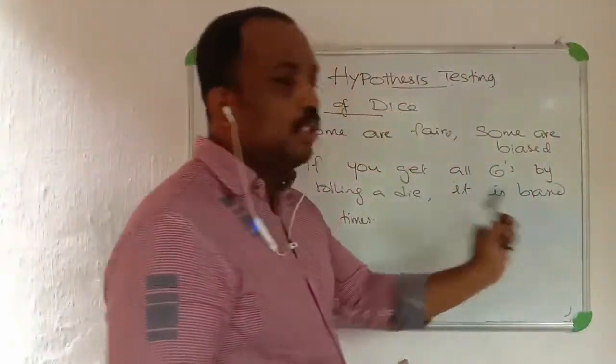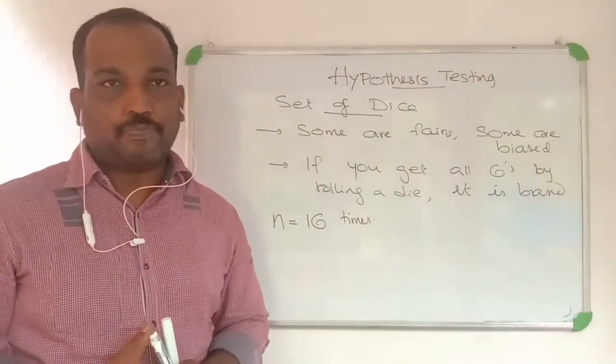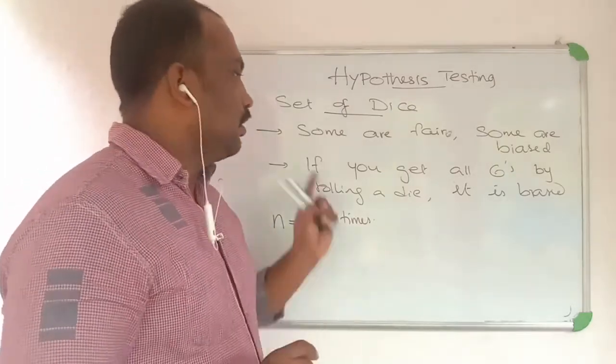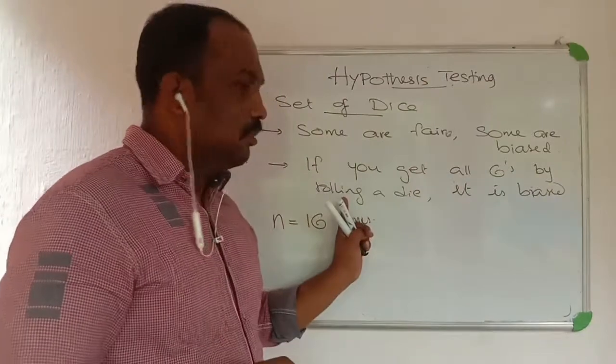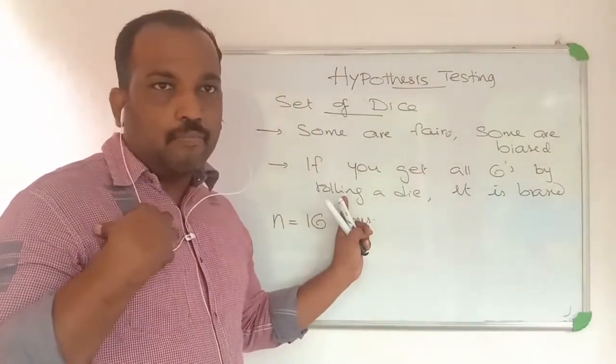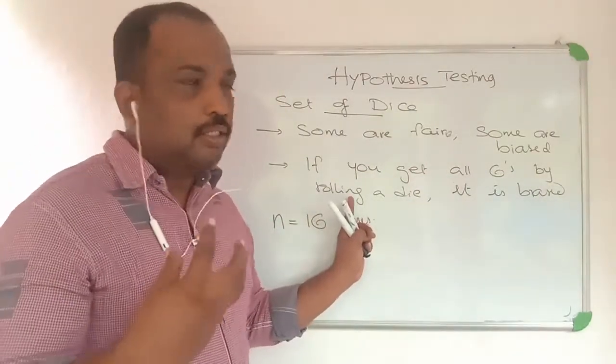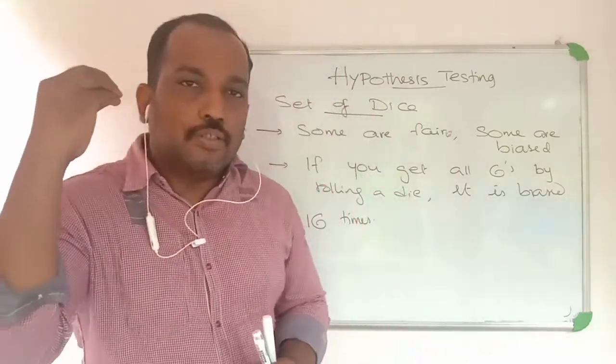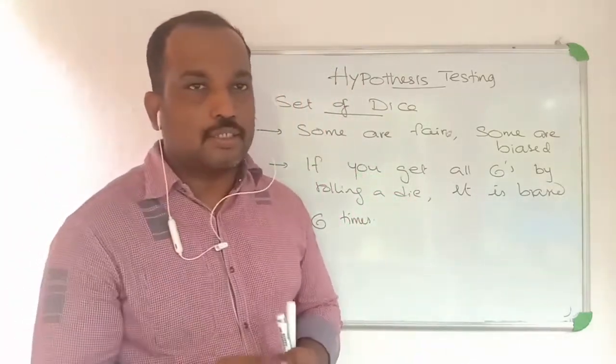That is what I wrote as the learning objective: confidence level. So when you make a claim, my general claim is that all the throws give me the result 6.